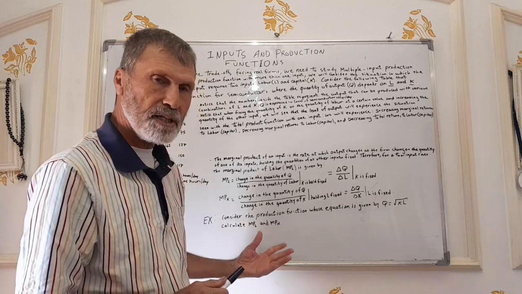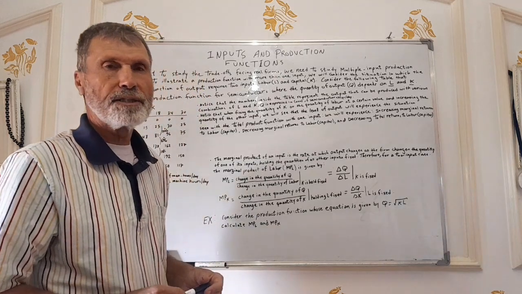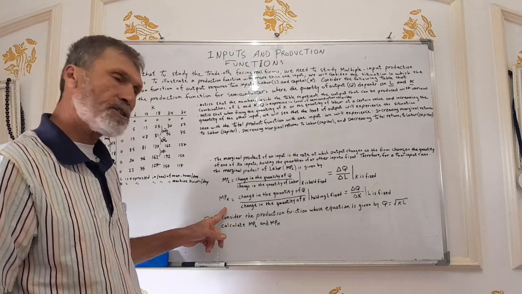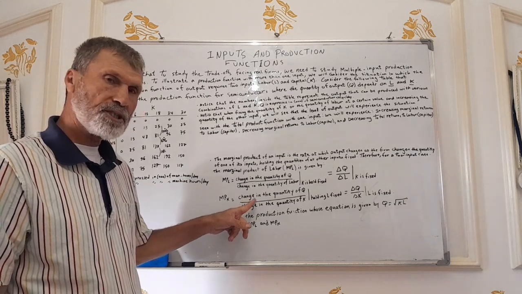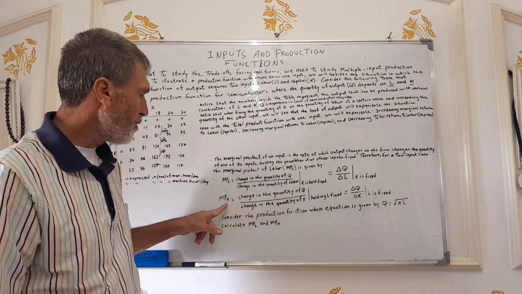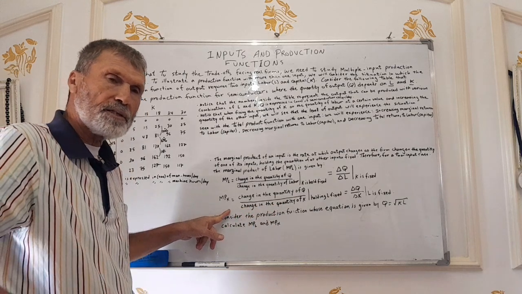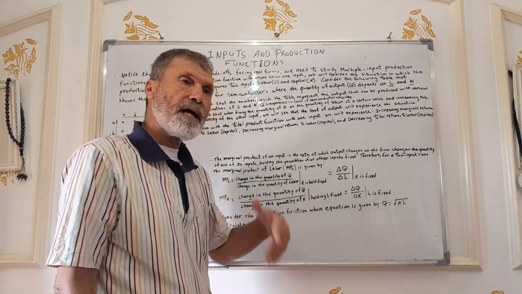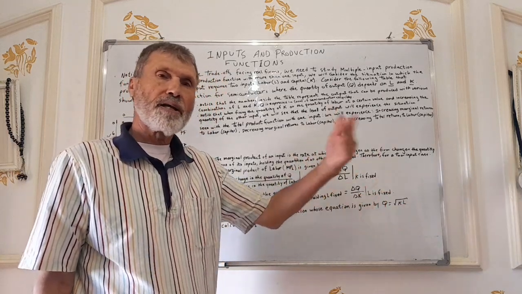I'm going to give an example to show you how to calculate the marginal product of an input. The same thing, the marginal product of capital is equal to the change in the quantity of output over the change in the quantity of capital, holding the other input fixed.